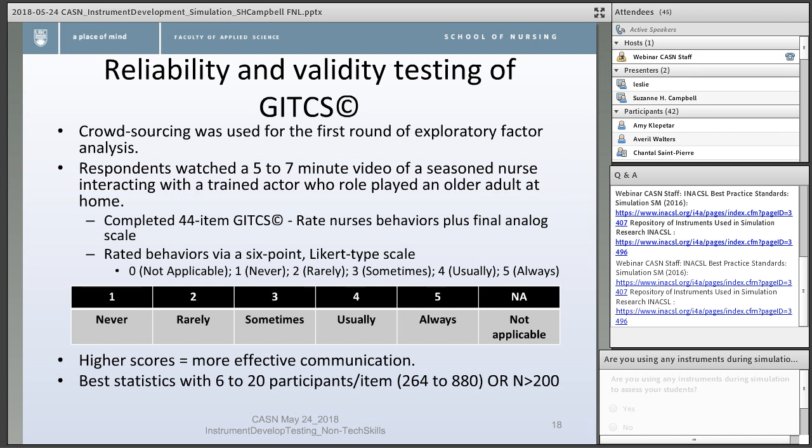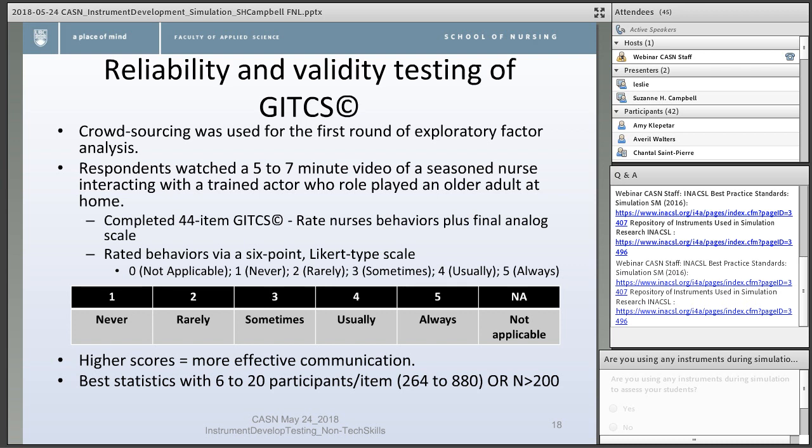So what we were doing was asking them to complete the 44-item scale after watching these 3 videos. Our descriptors went from not applicable, which was a 0, to 1, never seeing the behavior, to 5, always seeing the behavior, or NA, that it wasn't applicable for what they were watching.